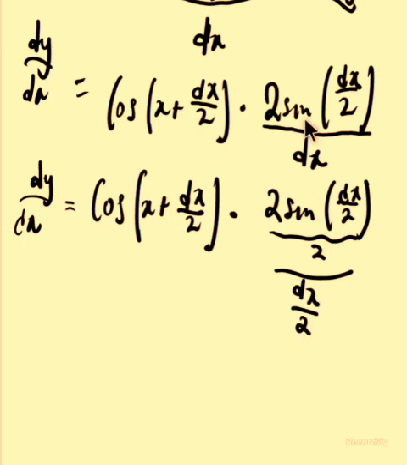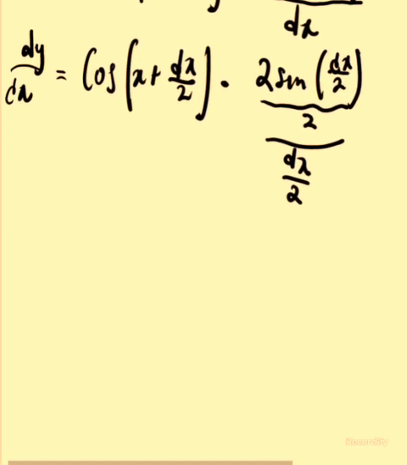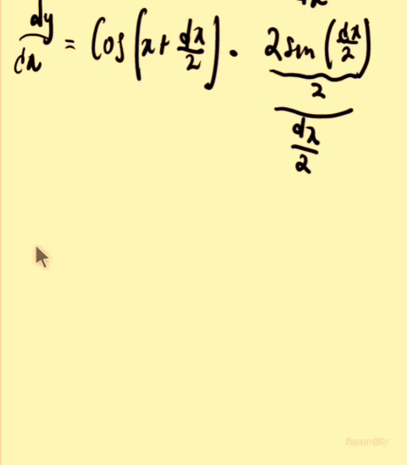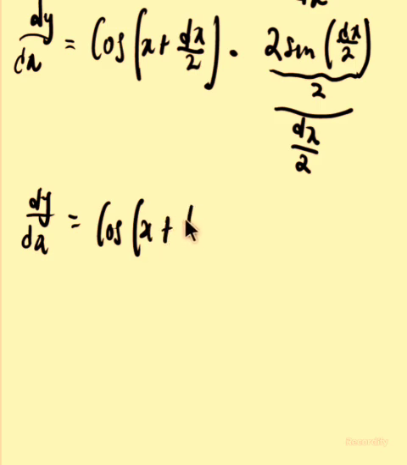That is, I divide the numerator and the denominator by 2. This is going to give me, don't forget, dy over dx at the left hand side, equals cos of (x plus dx over 2).